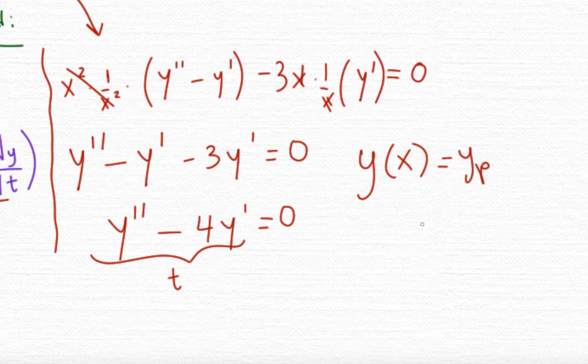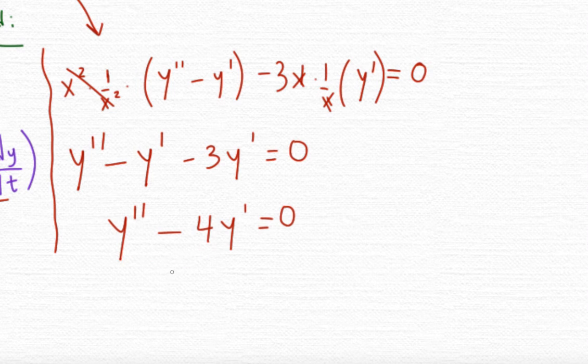The y sub c in this case we're going to solve for using the auxiliary equation, and this becomes m squared minus 4m equals 0. You could use any other variable.